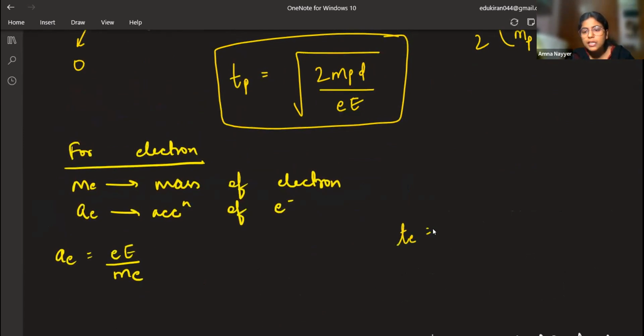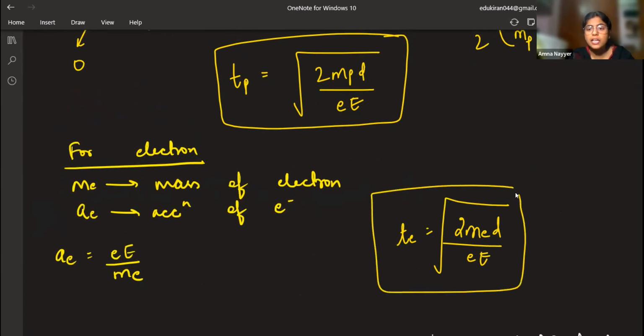So time period will be under root 2 m e d by eE. That's it. One more thing, class. Some questions in your textbook compare the time period of electron and proton. So in that case, what are you going to do?